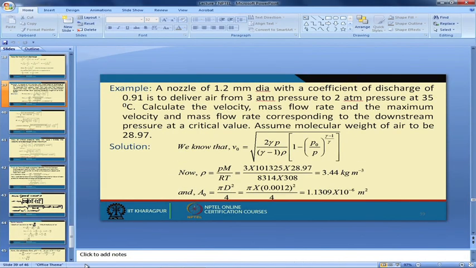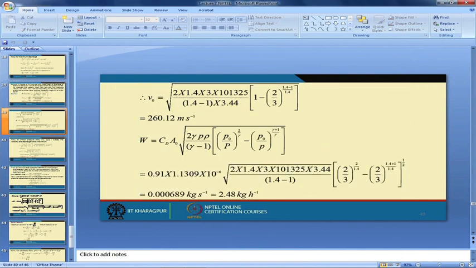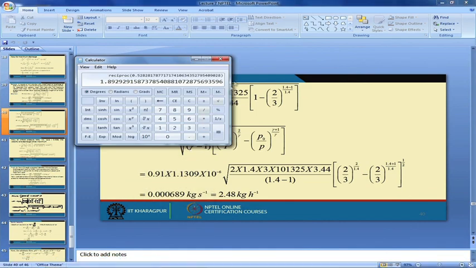We have kept a calculator here. So, if we multiply 3 into 101,325 into 28.97, right, this divided by 8314, sorry, 8314 divided by 308, right, is equal to 26.99.